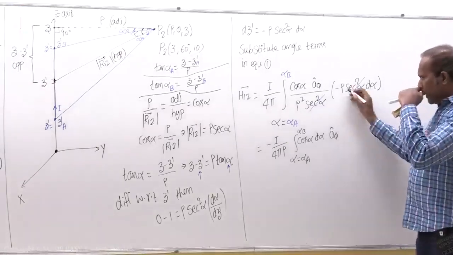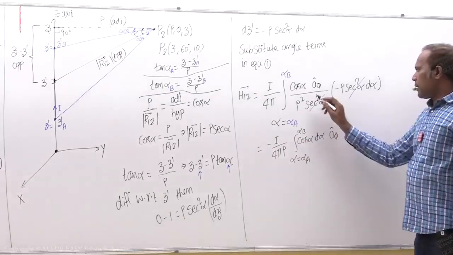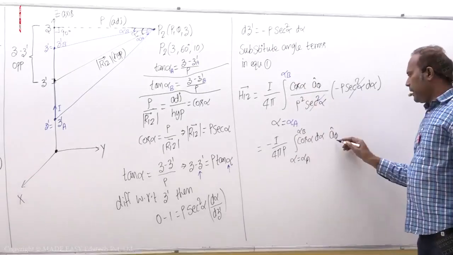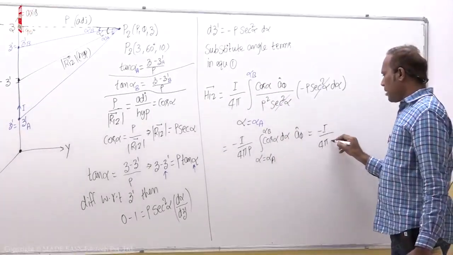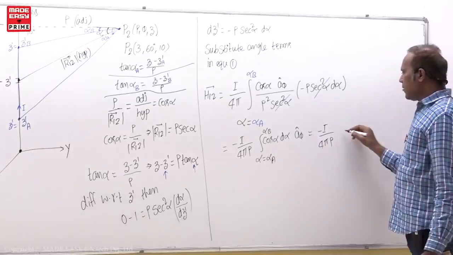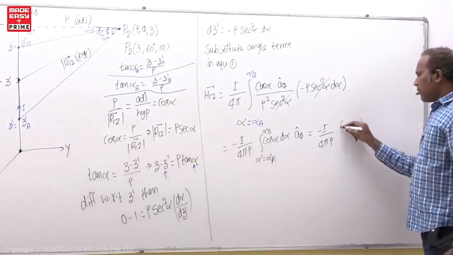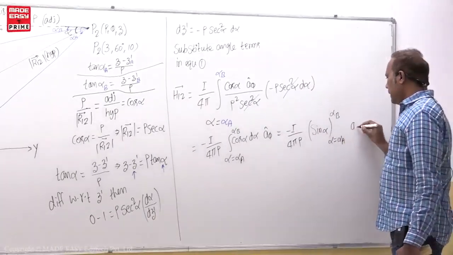So dear students, rho cancels, one rho remains and minus came out, then cos alpha d alpha from alpha a to alpha b, a phi is there. So minus I divided by 4 pi rho, integral of cos alpha is sin alpha, with alpha varying from alpha a to alpha b, a phi cap.